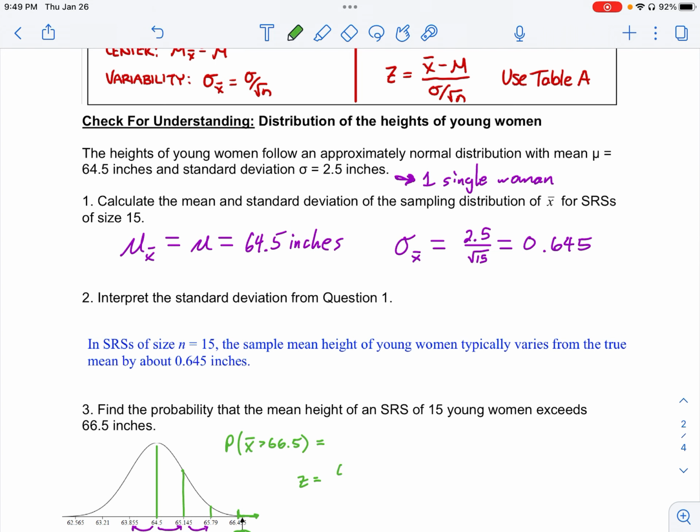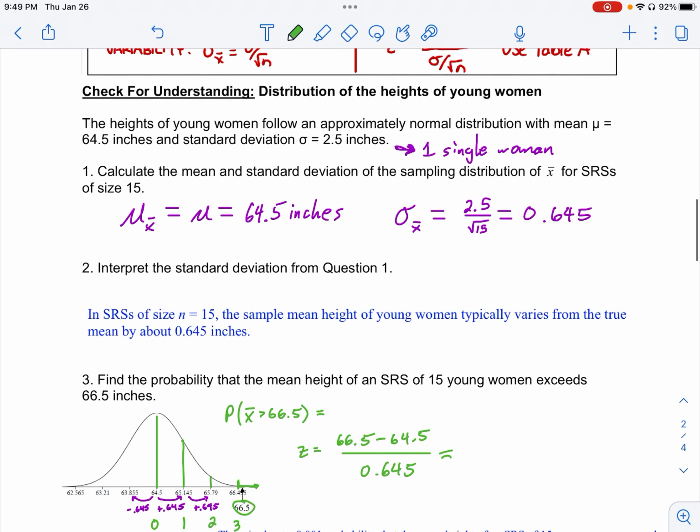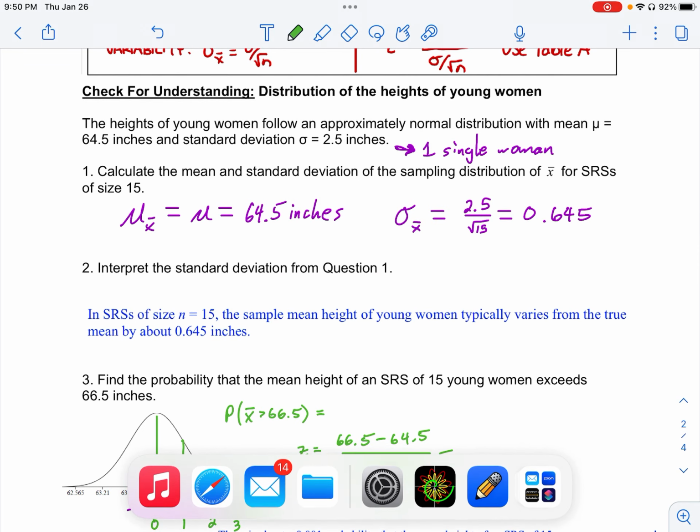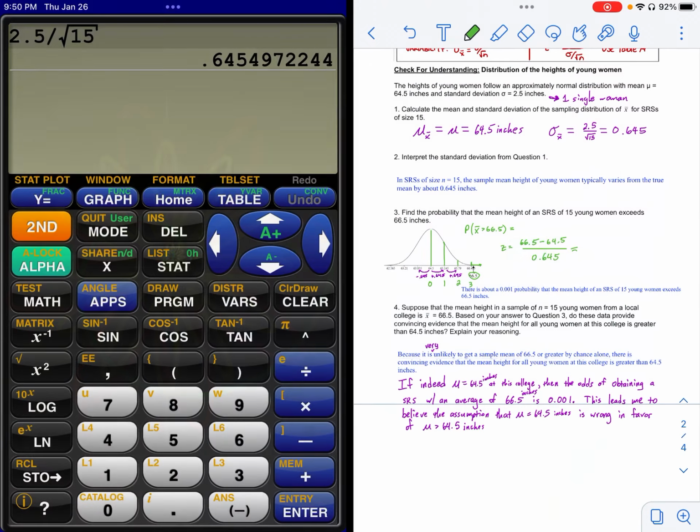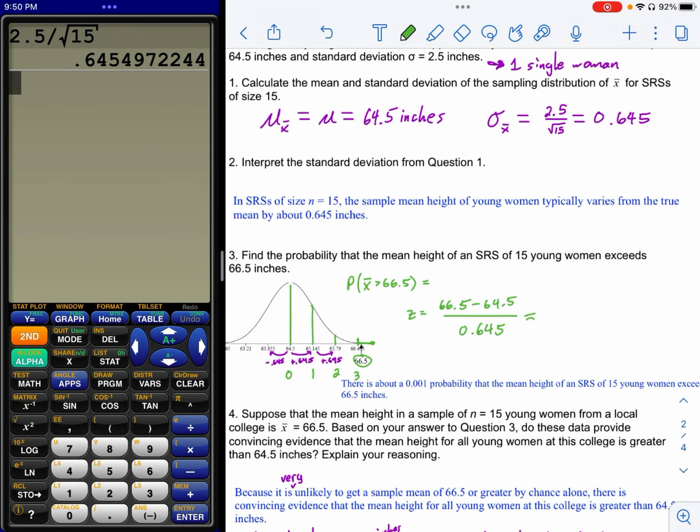The X bar of the sample was 66.5 minus the mu, the population average, which is 64.5, divided by my standard deviation. From my samples of size 15 have this for the standard deviation, not this, okay? And when you do that, it's going to be a little bit bigger than 3, I think. I hope, if my picture is right.